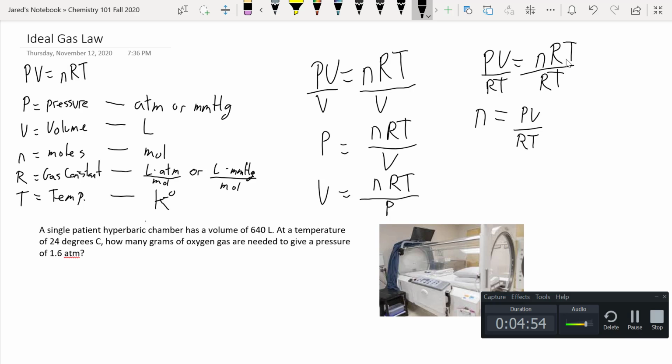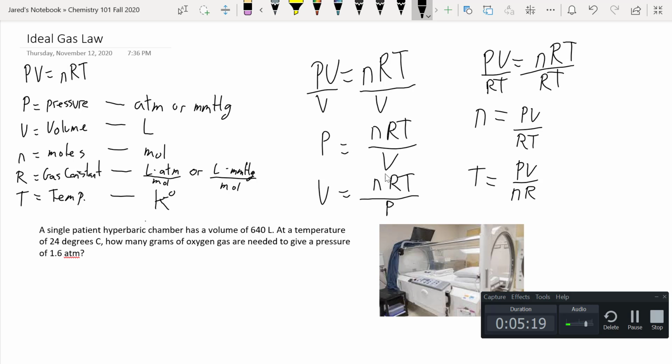And then if we wanted to lastly solve for temperature, we can do the exact same process. We would divide both sides by, in this situation, nR, and we would be left with temperature equals PV divided by nR.